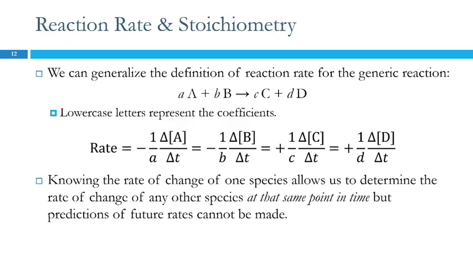So if we know the rate of change of A, we can take this part of the equation and set it equal to this part of the equation and calculate what the rate of change of D is, right?